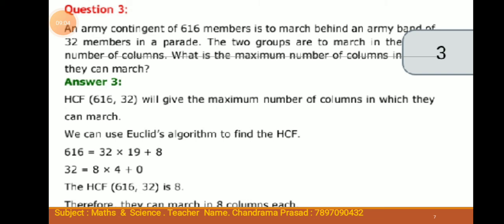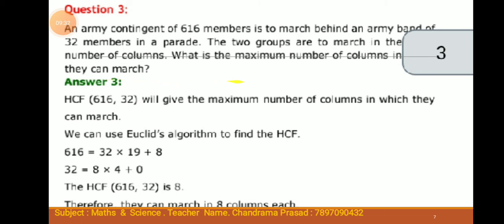Question number 3. An army contingent of 616 members is to march behind an army band of 32 members in a parade. The two groups are to march in the same number of columns.